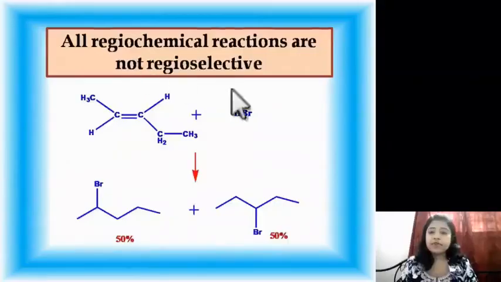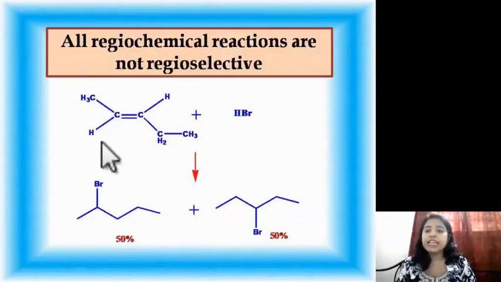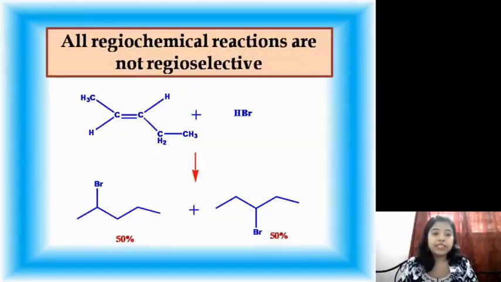If a particular reaction gives only, say, 50%, for example, as you can see here, 50%, 50%, then this reaction will not be regioselective and it will be said that this reaction doesn't involve any regiochemical control over the process. Hopefully this is clear.